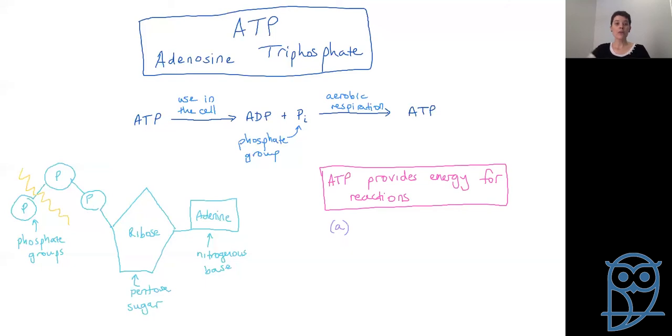As we've talked about, we can hydrolyze that last phosphate group and that releases energy. In fancy terms, we call that hydrolysis of the terminal phosphate group. That releases the energy that can be used in order to have the reaction happen.